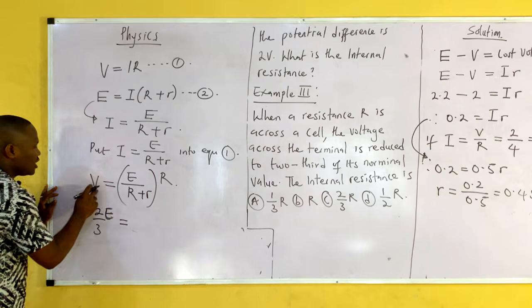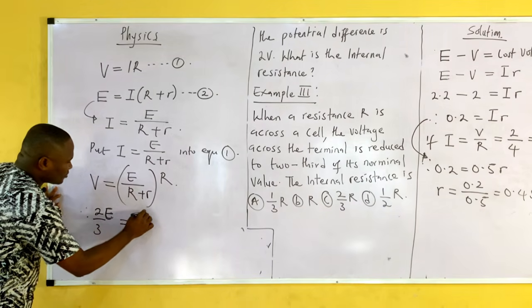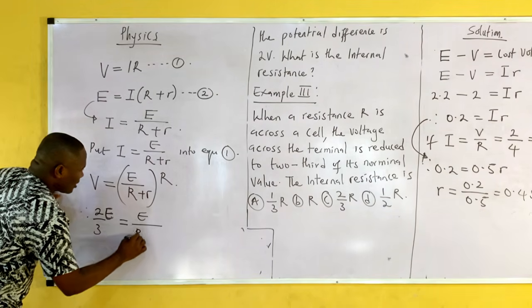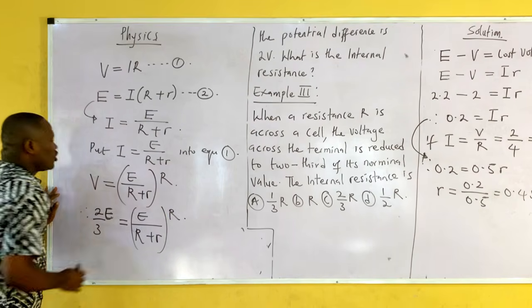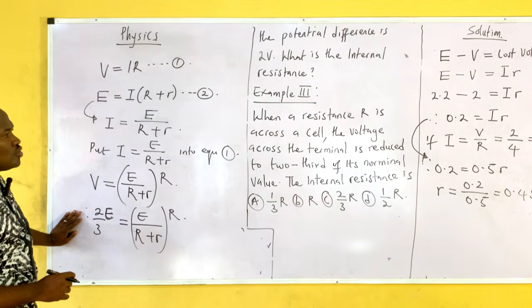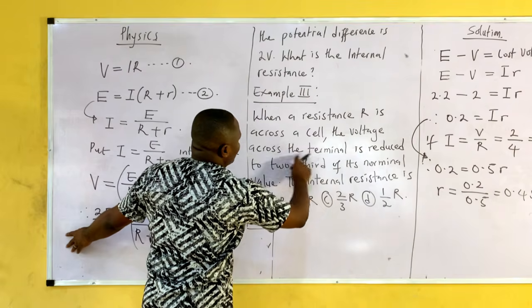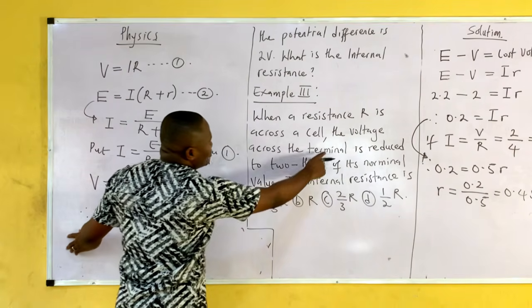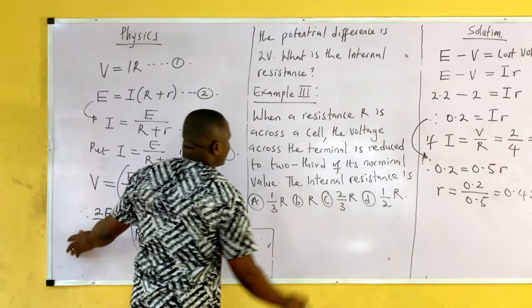So this is reduced to 2 over 3 of E is equal to E over R plus r, all times R. The voltage across the terminal is reduced to two-thirds of its nominal value.